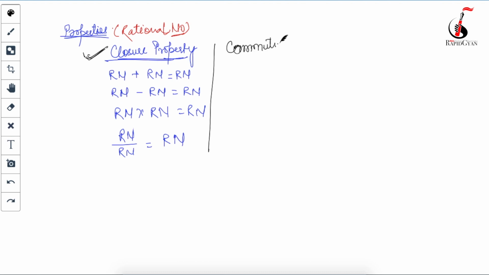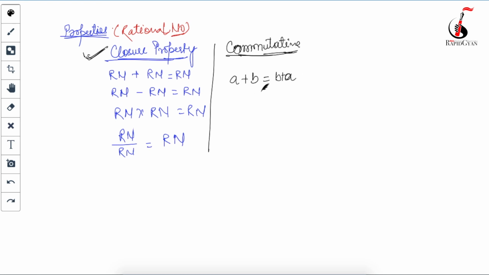Commutative property. So what do you mean by commute? Commute means moving your position from one place to another, correct? So this property says the same thing. Suppose I am going to add two rational numbers a and b, so a plus b will be equal to b plus a.